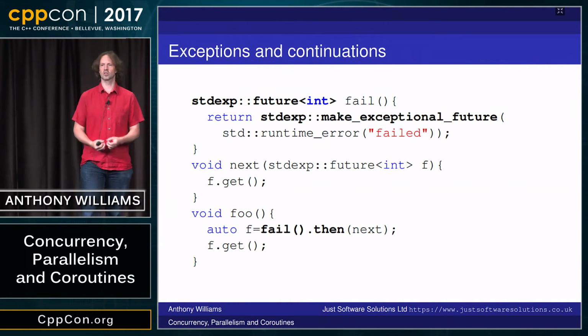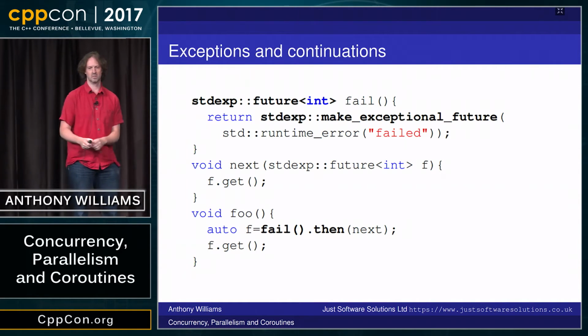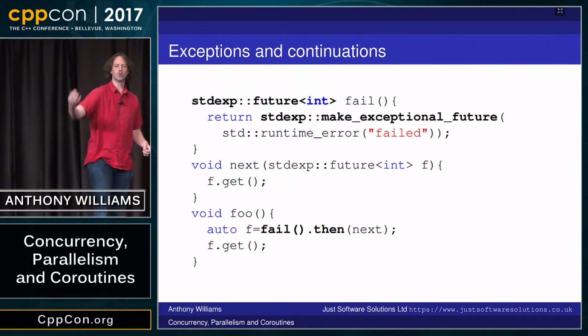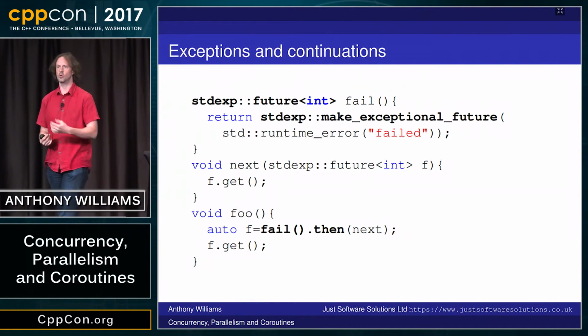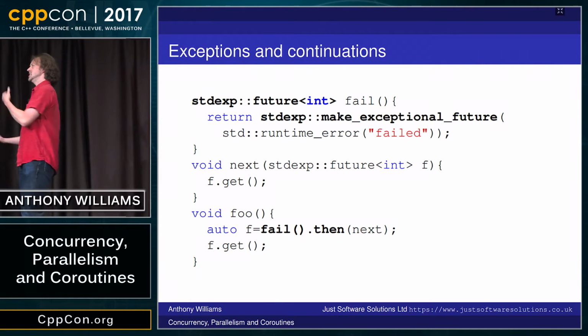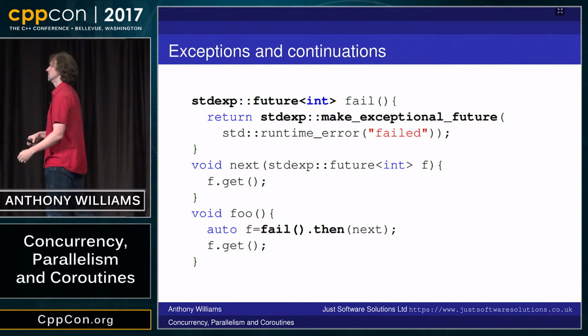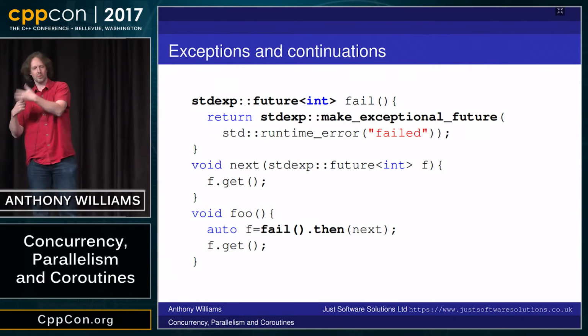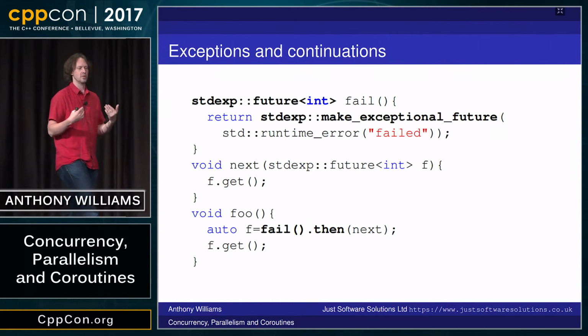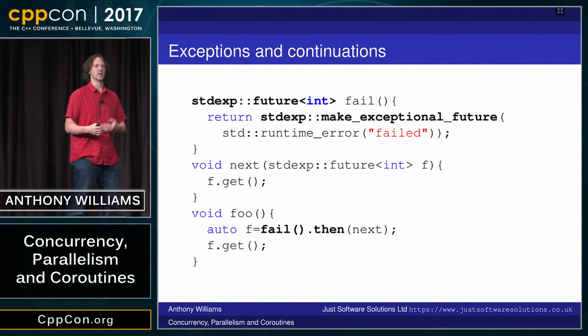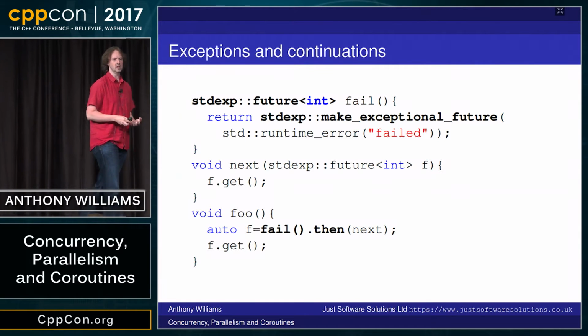You can just have a future that already contains an exception. So we call fail, and that's going to give us a future that holds an exception. We put on the continuation with a call of then and passing in our next function. And that will then throw when it is called by the runtime library.